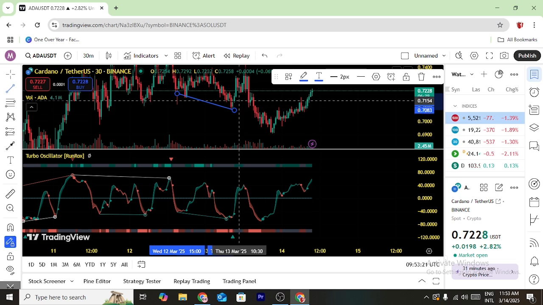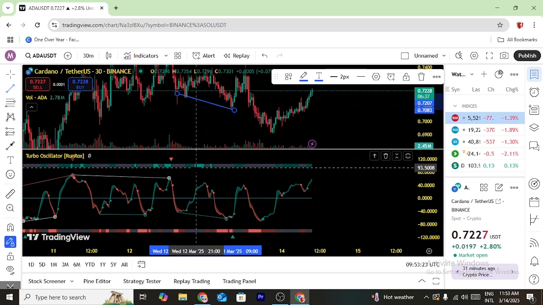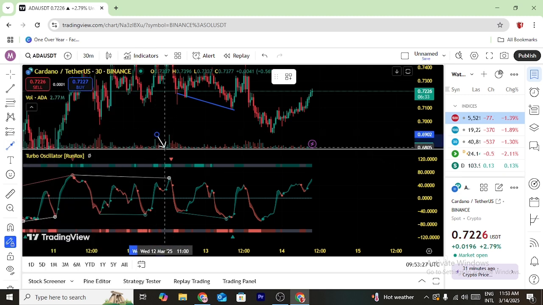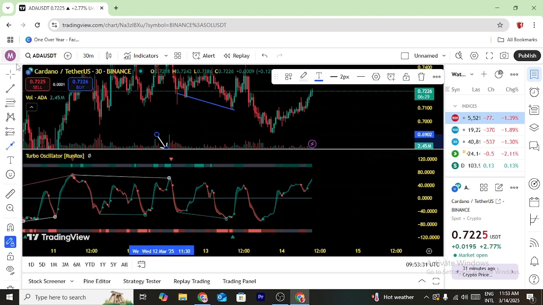If you can see, when the market takes this area, this is a very green white, so it does indicate there's very big buying from here to here, a very big buy position has already happened.